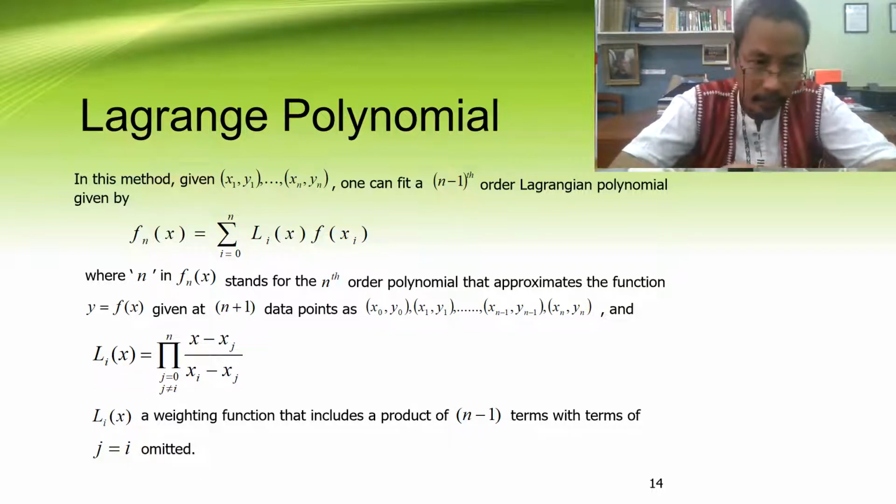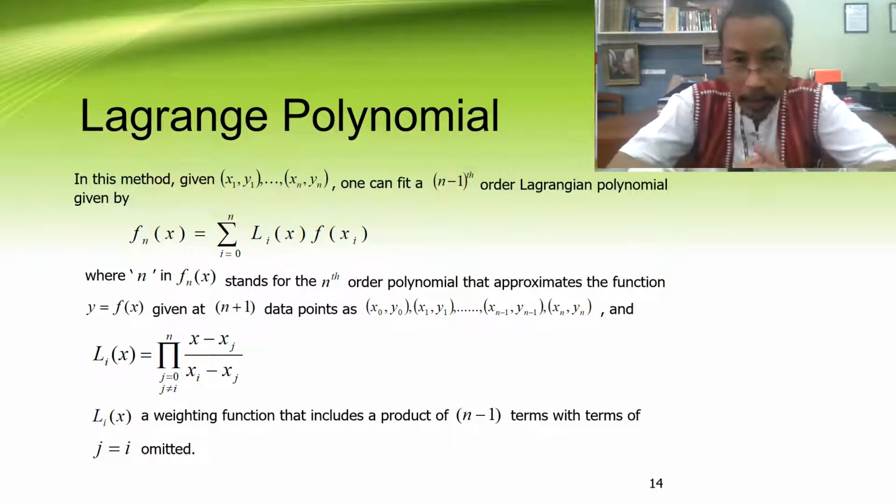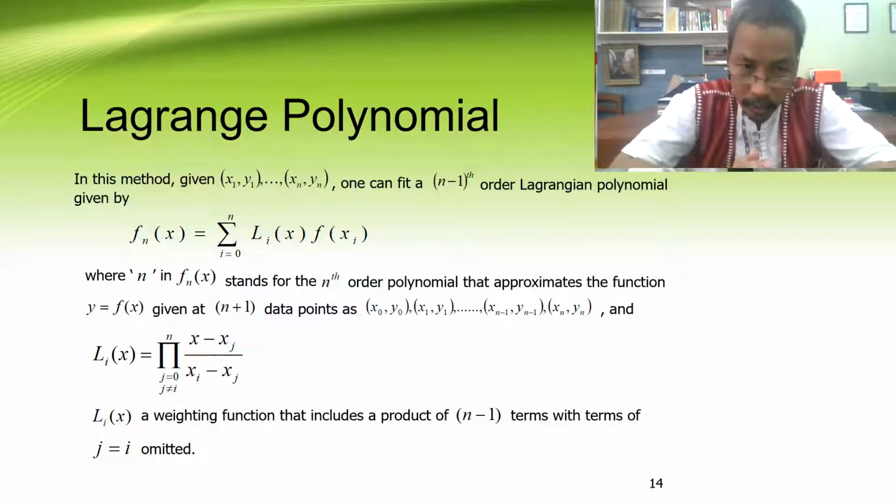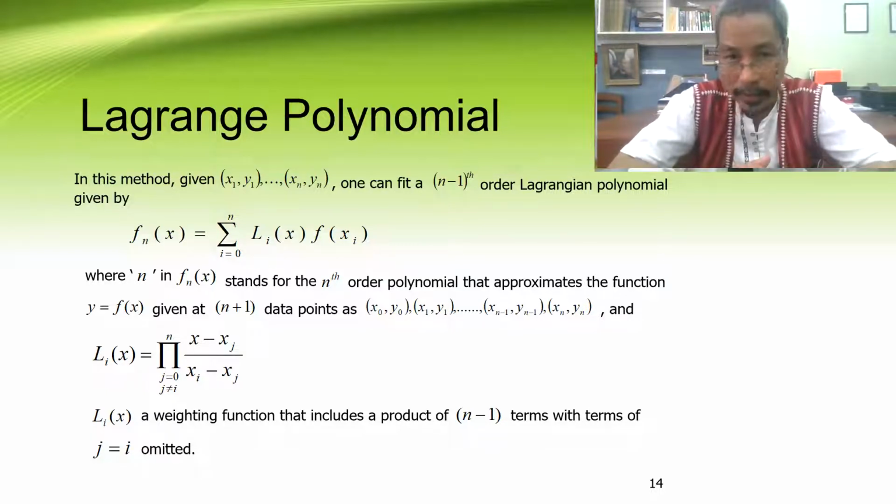And Li is the product of the rational functions from j equal to 0 to n of numerator x minus xj over quantity xi minus xj, wherein j is not equal to i.